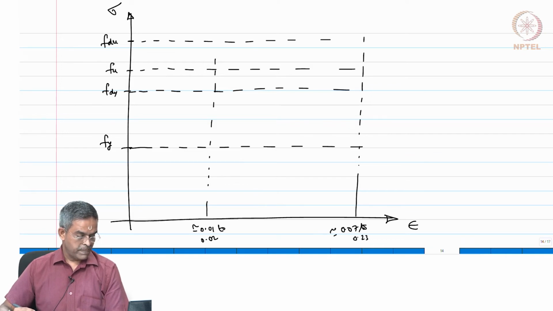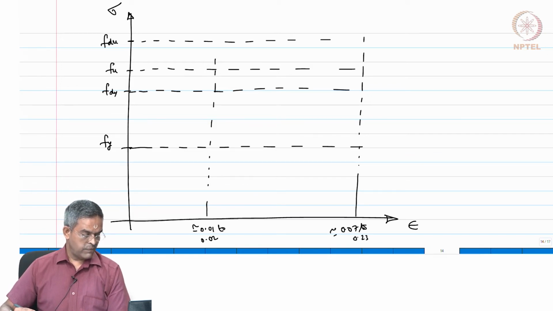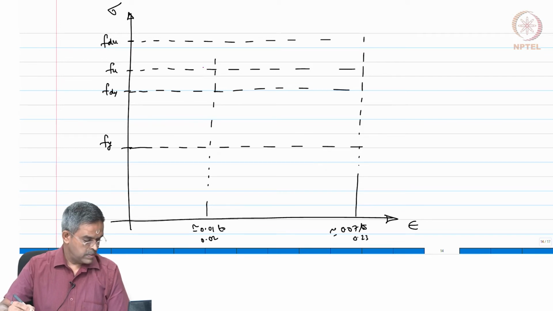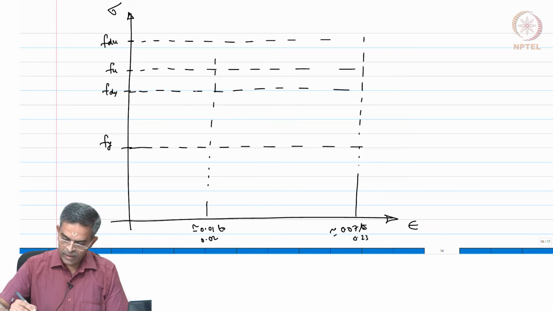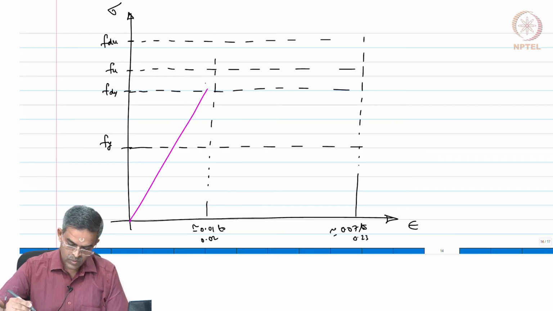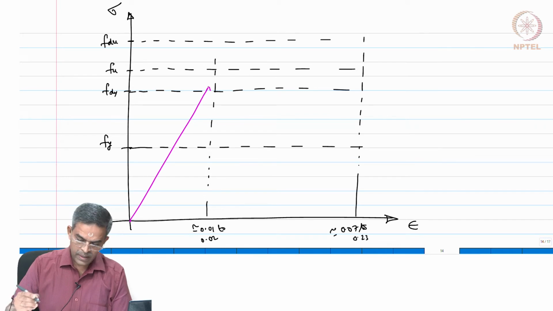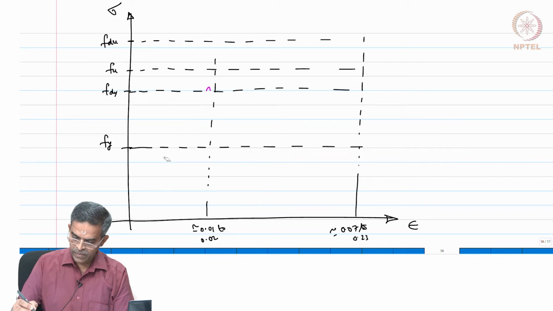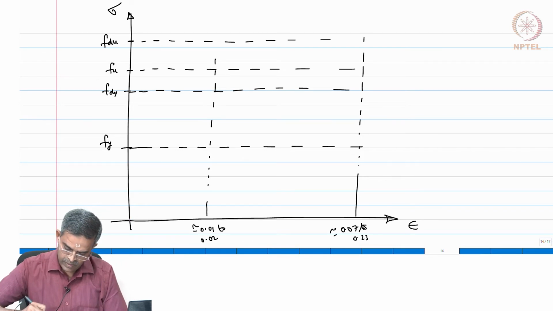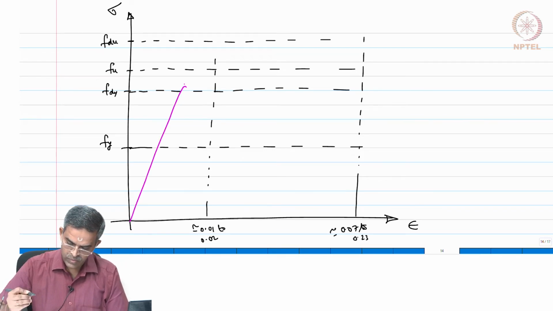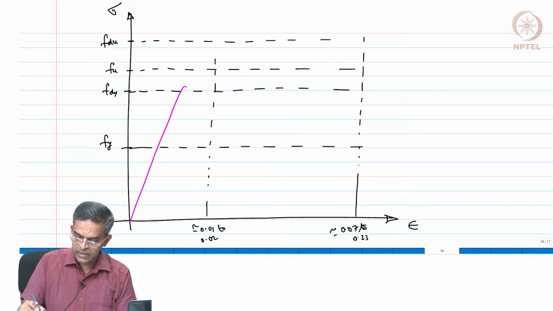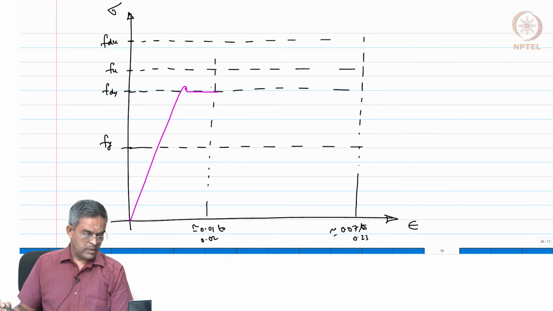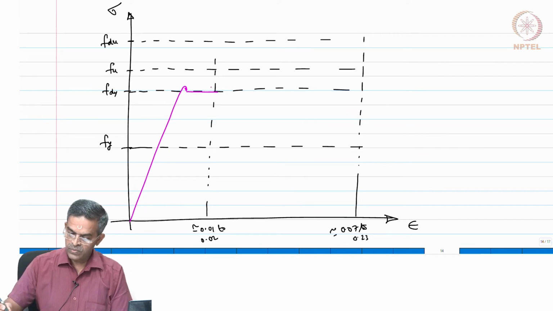So, let us say it goes till Fu, it crosses Fdu, takes a kink, okay. It goes till Fdu, takes a kink and develops a plateau and then goes to Fdu.